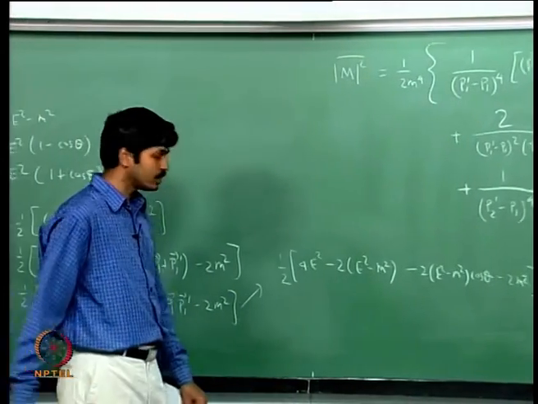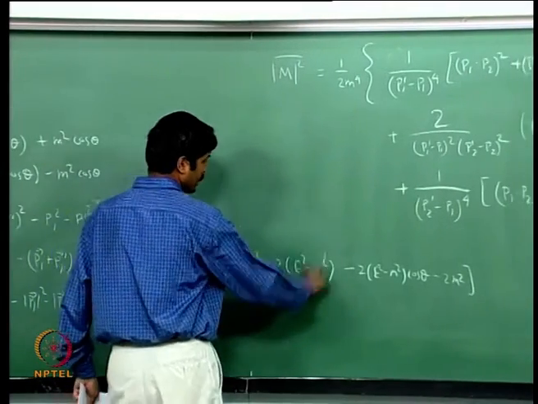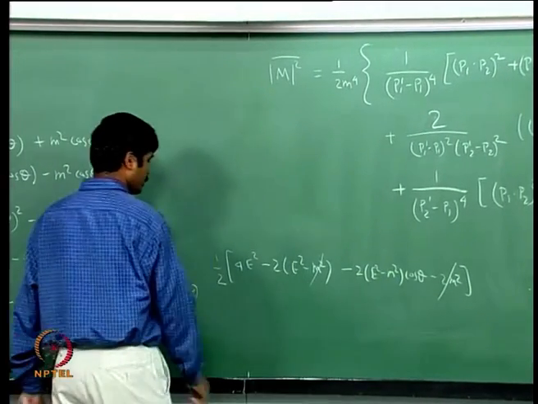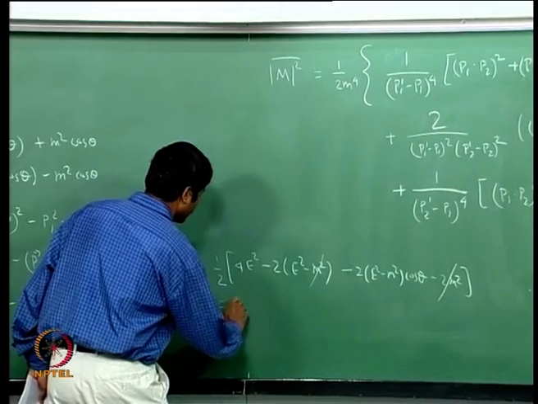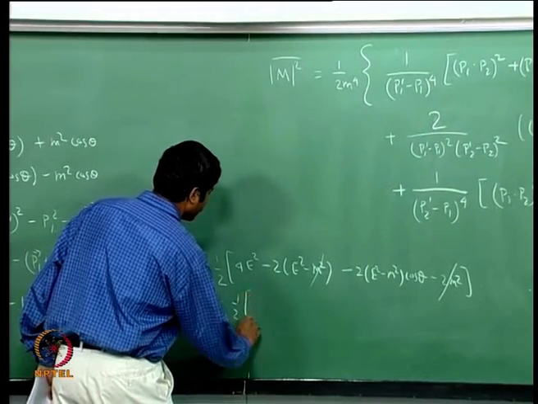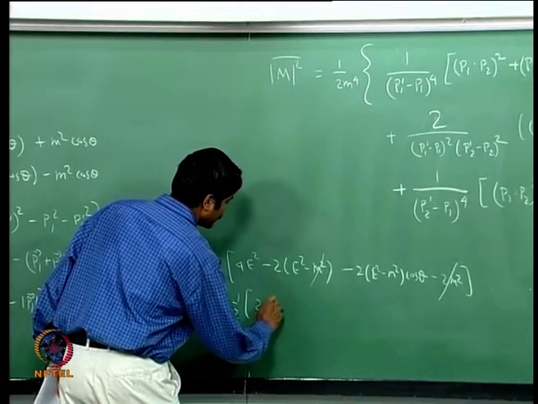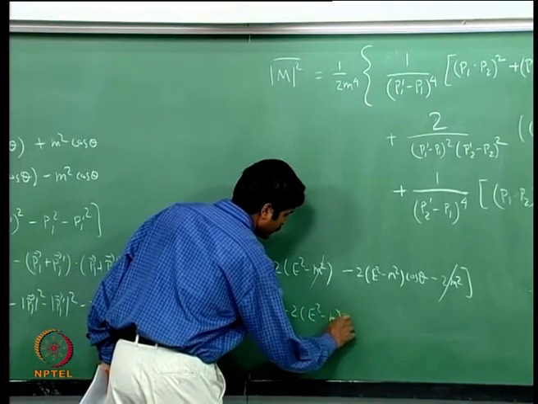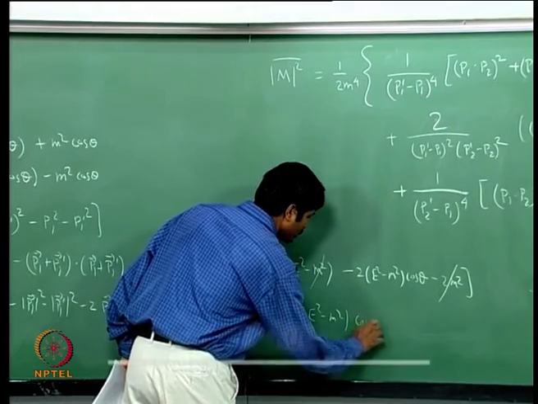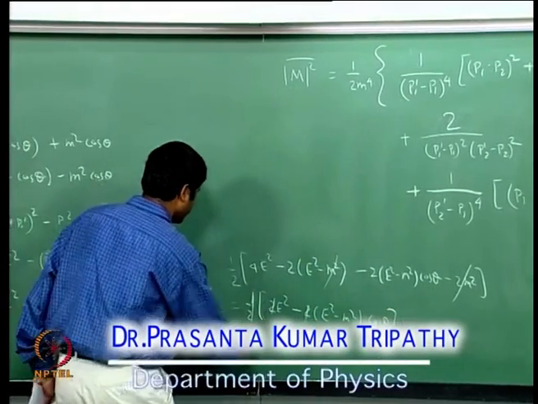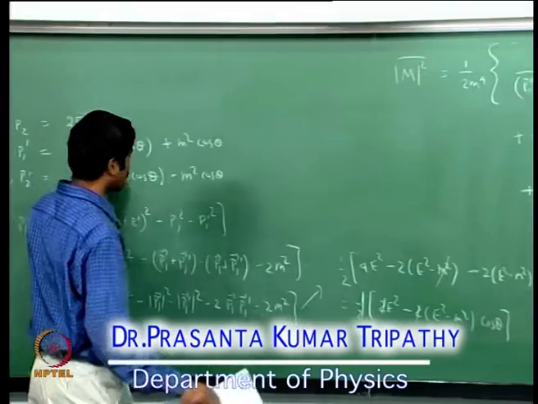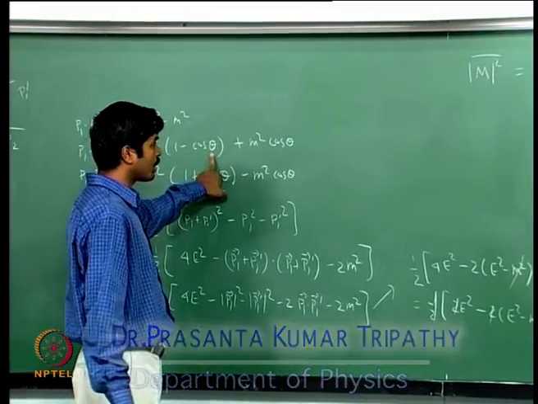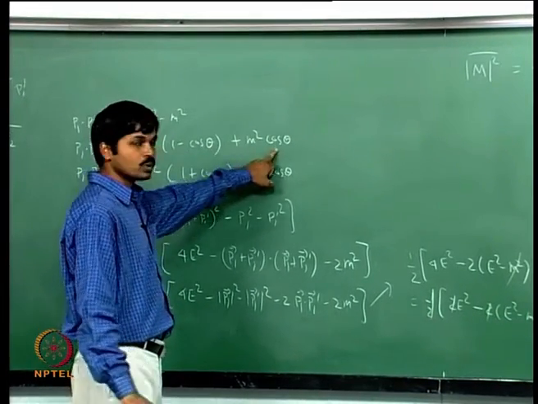As you can see, this m square here will cancel with this 2 m square, and what you have is half times twice E square minus twice E square minus m square cos theta. This factor of 2 will cancel here. So, what you are left with is E square into 1 minus cos theta plus m square cos theta.